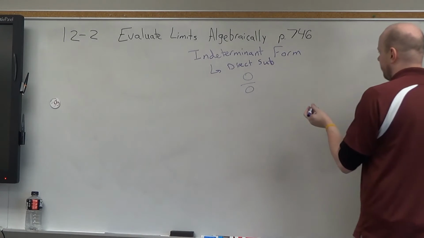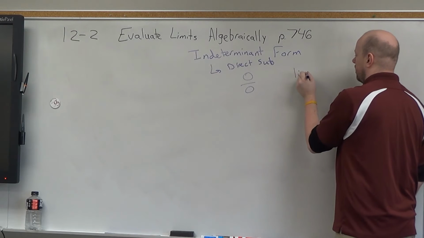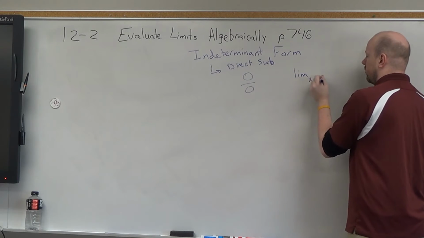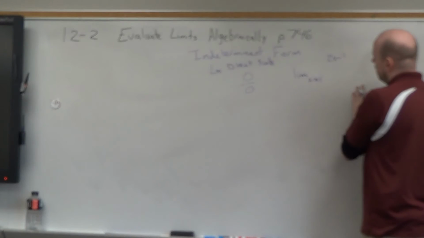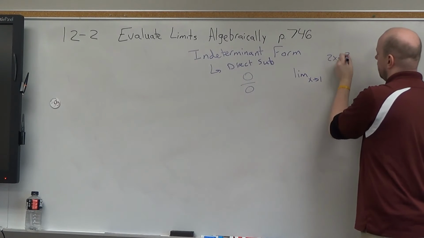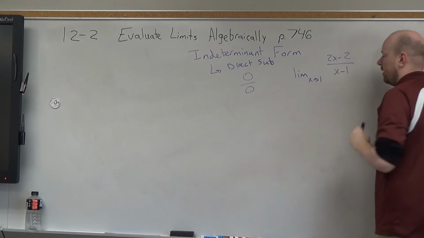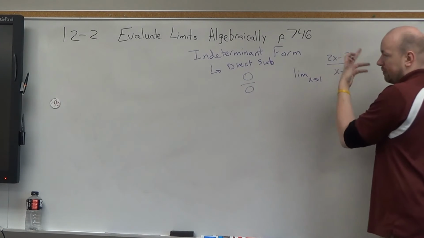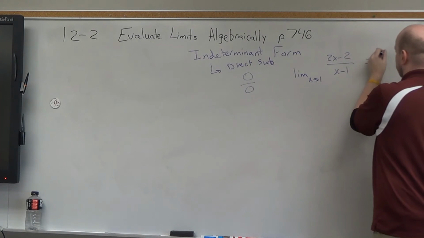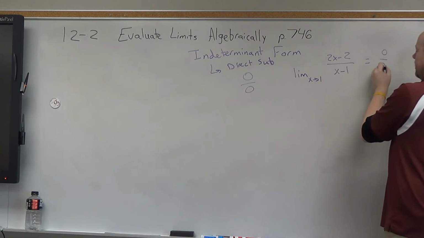An example of this would be the limit as x approaches 1 of 2x minus 2 over x minus 1. If I were to directly substitute, I would get 2 times 1, which is 2, minus 2, so I'd get 0. 1 minus 1, I'd get 0 on the bottom.